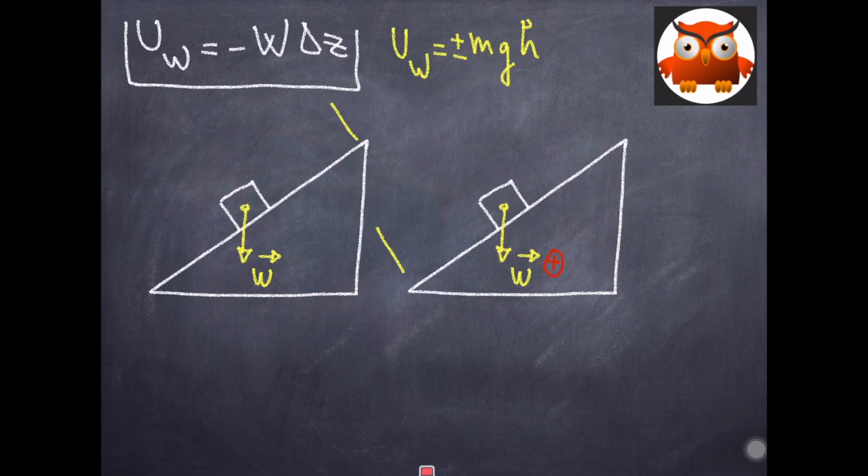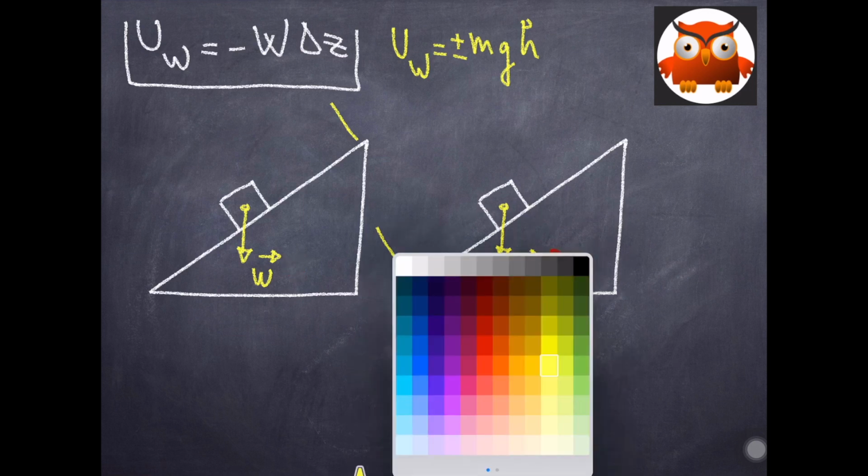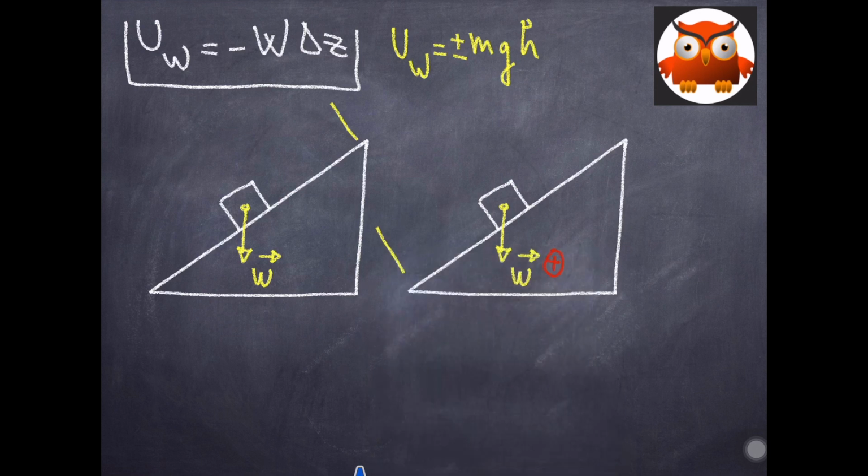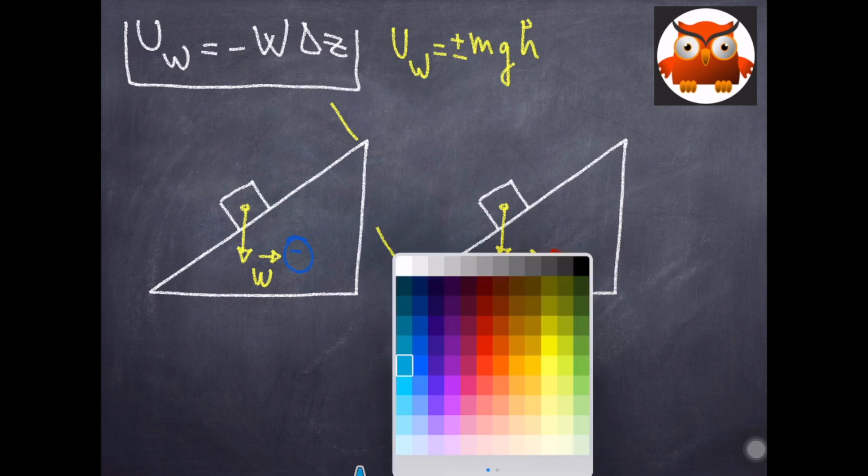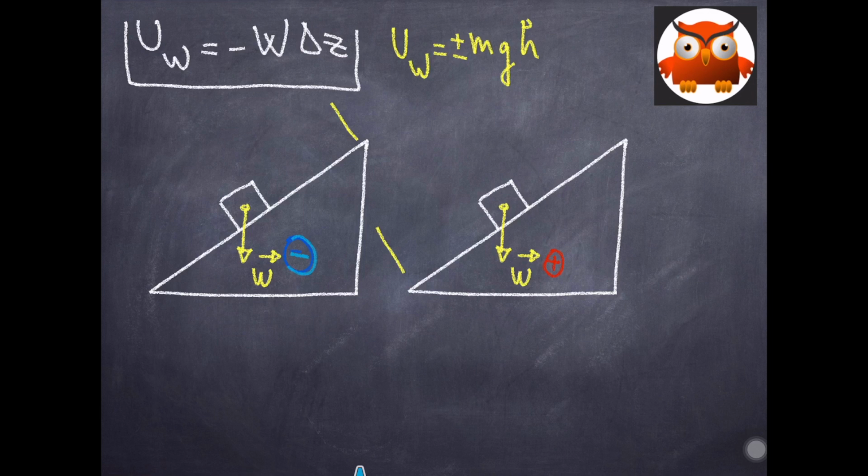You expect the weight to do negative work. Now this is very important, because this shows that you understand the dynamics of the system and you know which force will be doing positive work and which force will do negative work.